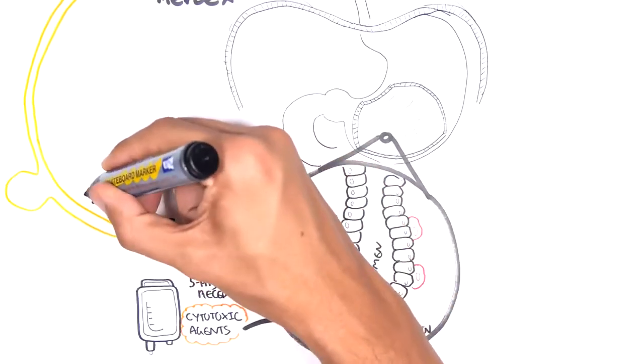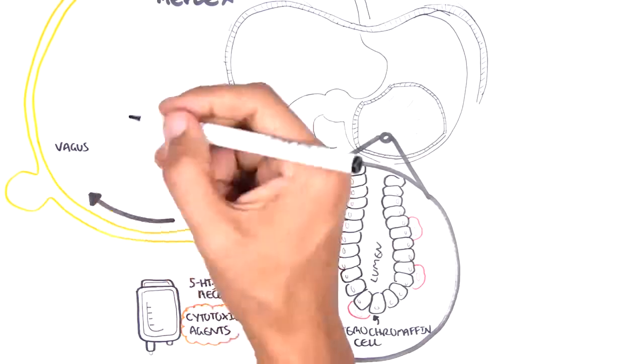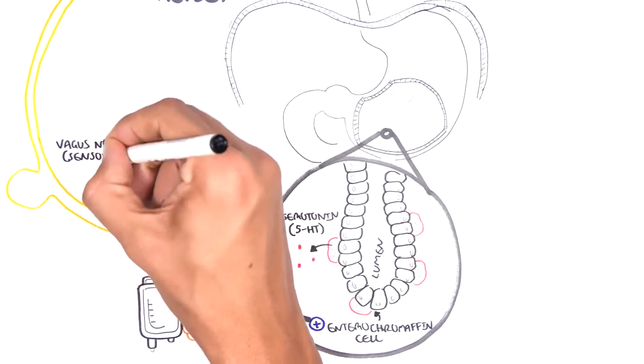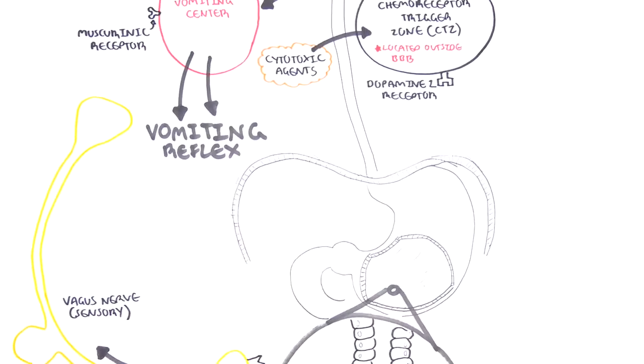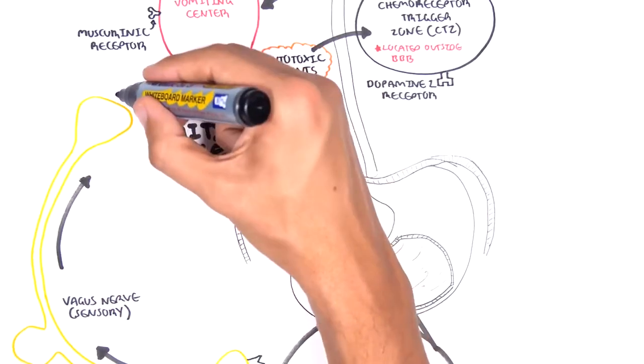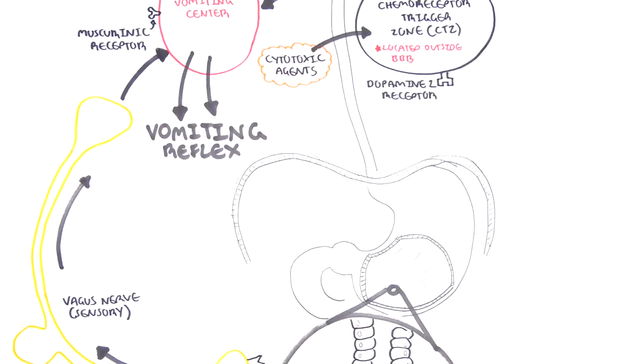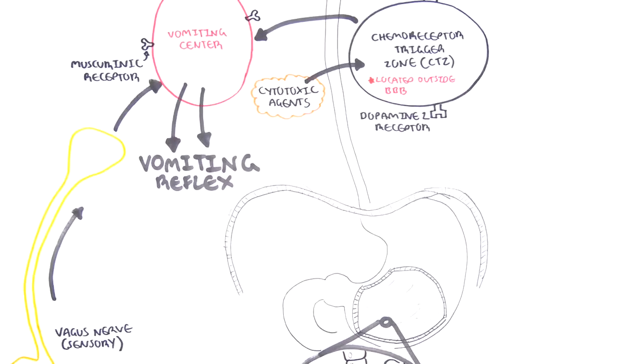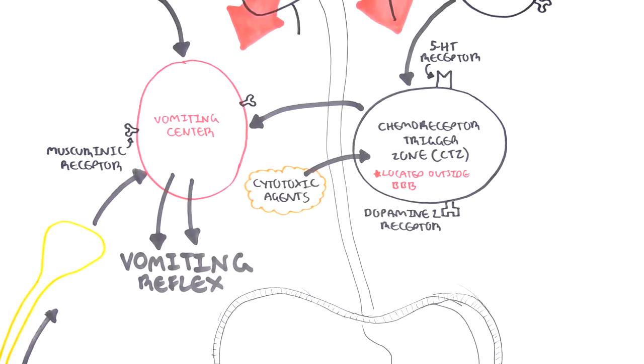And stimulation of this sensory nerve fiber, which is actually the vagal nerve, will bring this information to the vomiting center to trigger the vomiting reflex. In summary, all the causes of vomiting we talked about essentially will stimulate the vomiting center, which is the output from which the vomiting reflex or the emetic reflex is initiated.